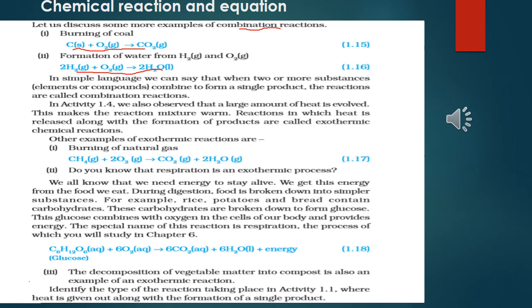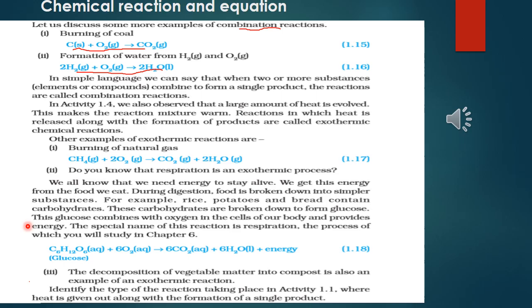Student, you recall activity 1.4. We observe that a large amount of heat is evolved. Reactions in which heat is released along with the formation of products are called exothermic chemical reactions. So remember this point: exothermic chemical reactions are the reactions where, along with the product, heat is also released or produced.